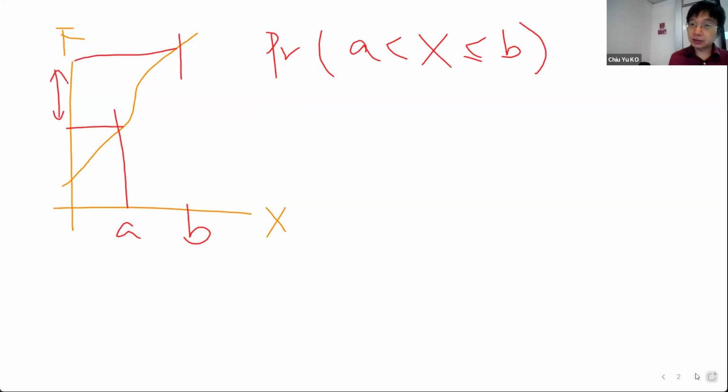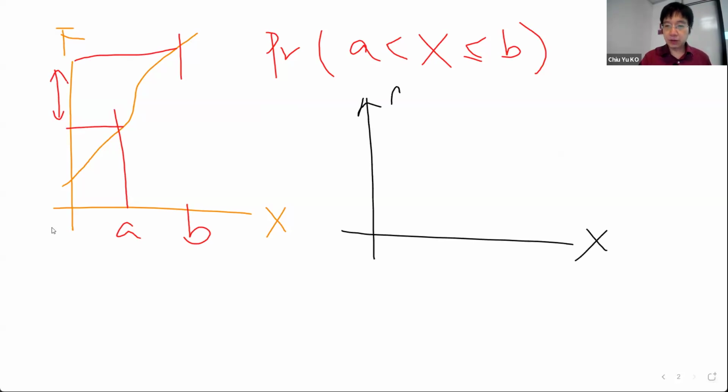That will give me the probability. This is doable, no problem, but it's not very direct. Later we will see it's more convenient not to look at the big F. Rather, we look at x and small f.